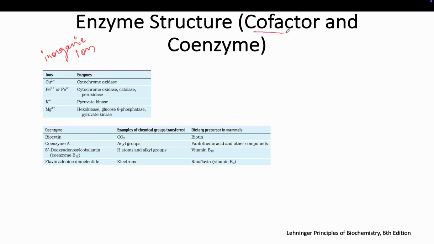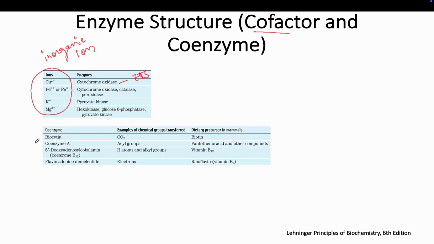So remember that cofactors are mostly ions, okay. And these are the different ions. For example, Cu2+ is found in cytochrome oxidase, okay. This cytochrome oxidase is found in the electron transport chain, okay. Similarly, we have Fe2+, Fe3+, okay. So these inorganic ions are the cofactors, okay.